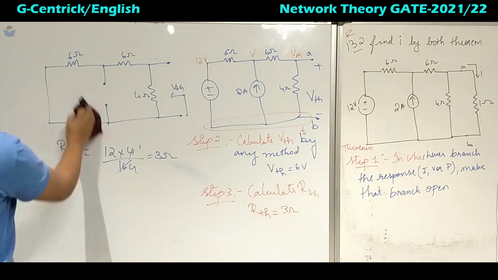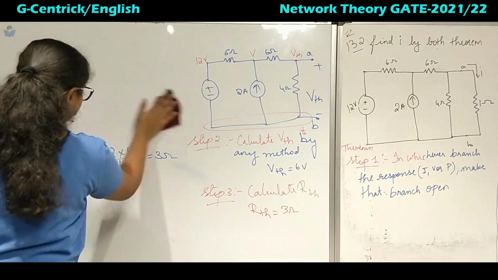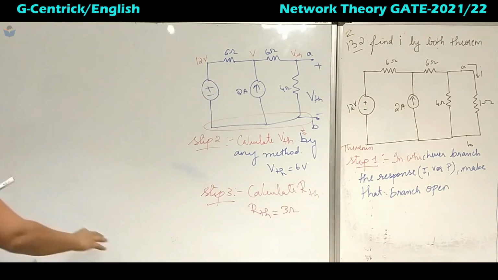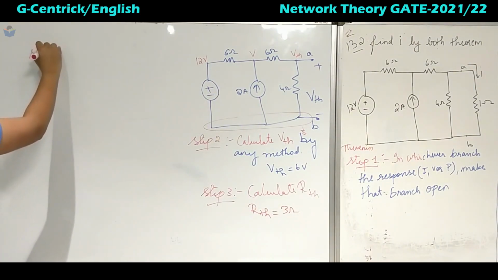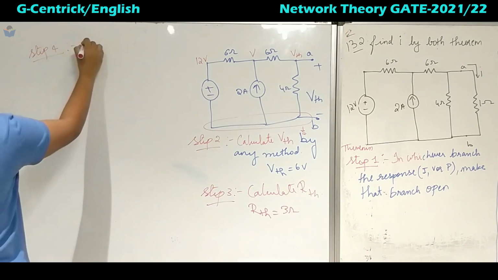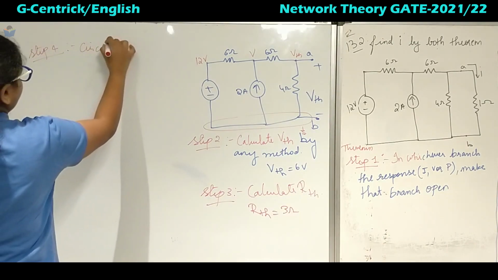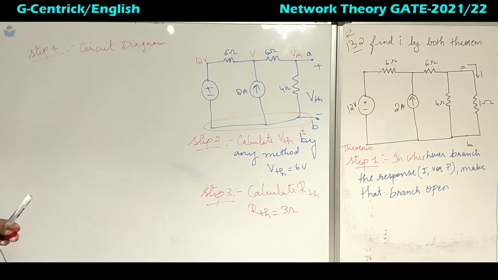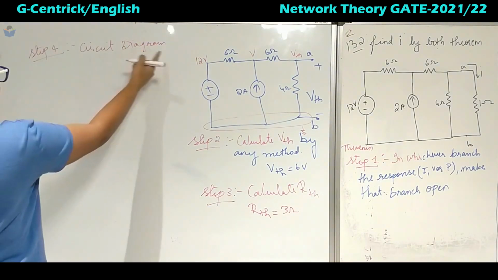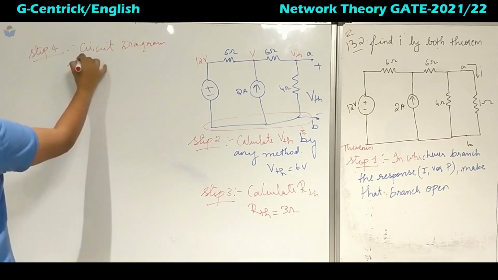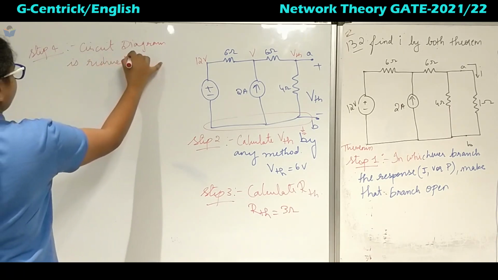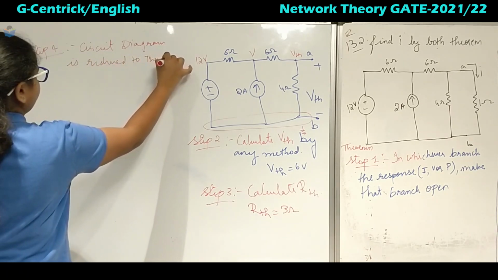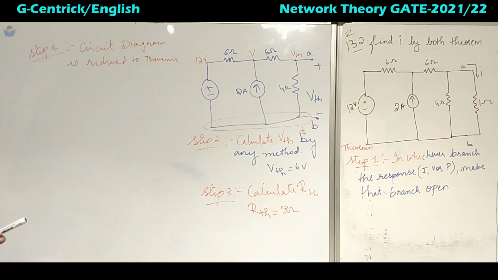After calculating this, what will be our step 4? To draw the circuit diagram. We have already reduced this into VTH and RTH, so the circuit diagram is reduced to the Thevenin equivalent.